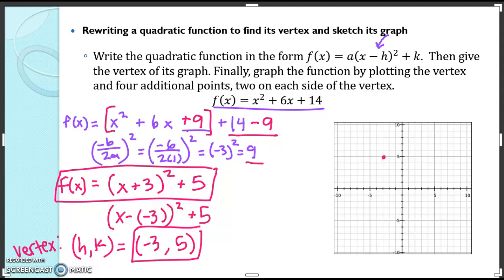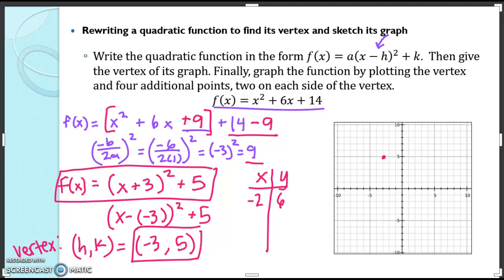Now, what do I do to plot my other points? Well, it says to plot 4 additional points, 2 on each side of the vertex. So I just take an x value on the right side of the vertex, which would be like negative 2, right? And I plug it into the equation, and I'll get a 6 out.